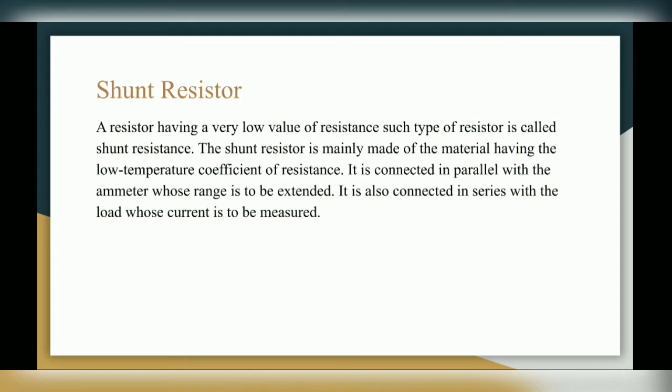So what is a shunt resistor? A resistor having a very low value of resistance, such type of resistor is called shunt resistance. The shunt resistor is mainly made of a material having a low temperature coefficient of resistance. It is connected in parallel with the ammeter whose range is to be extended.